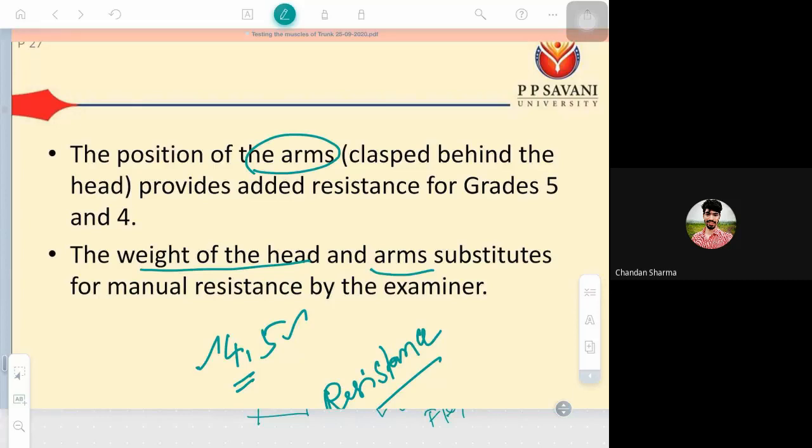The weight of the head and arm substitutes the manual resistance by the examiner. So here we are not giving any resistance to the patient in 4 and 5. Instead, the position itself gives resistance, by adding the weight of the head and the arm, substituting the manual resistance which should be provided by the examiner.